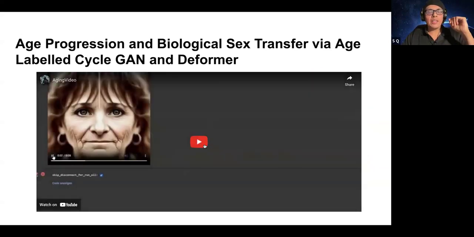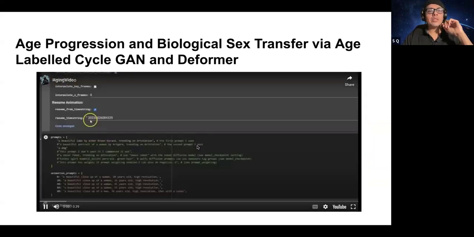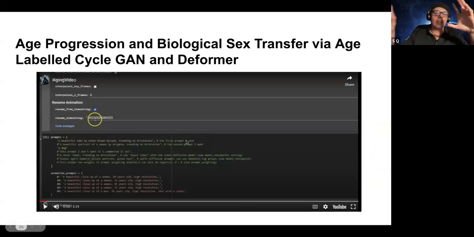One thing that I did also programmatically, using a tool called Deformer and what's called age-labeled CycleGAN, was to generate an image of a person's face. I started with a child, and then I age progressed them through several years, starting from 20 to 35 to 45 to 55, and at age 70, I changed them from a man to a woman face.